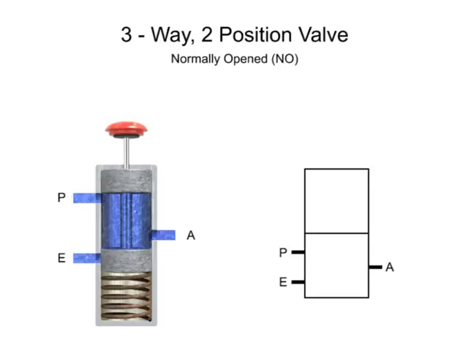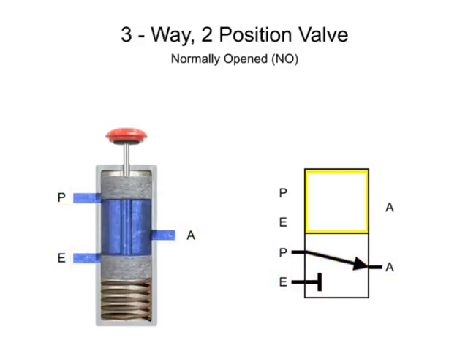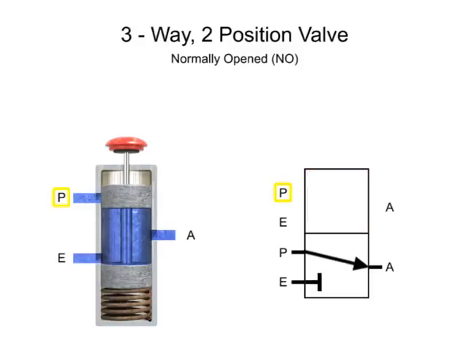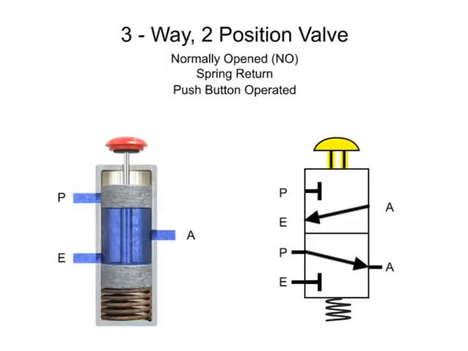In its normal position, exhaust port E is blocked and fluid flows from pressure port P to outlet port A. In the second position, pressure port P is blocked and fluid flows from outlet port A to exhaust port E. The valve is also spring return and push button operated.